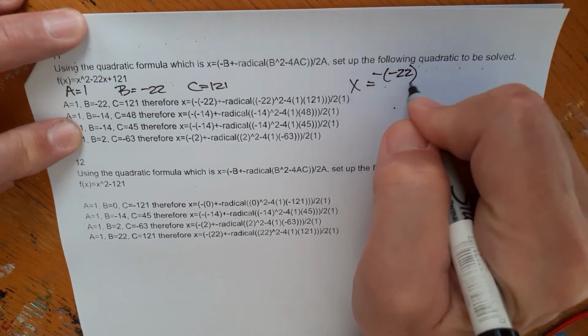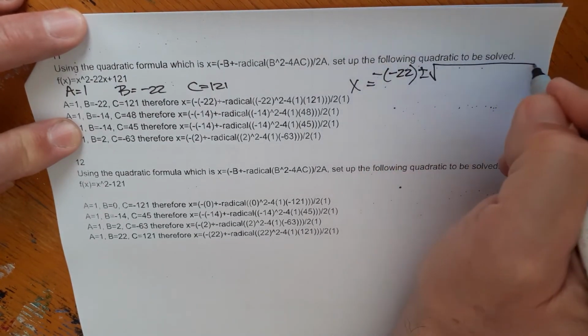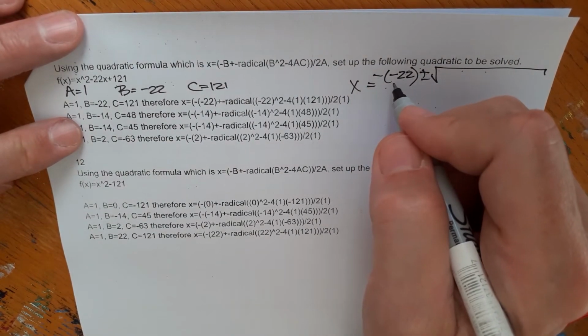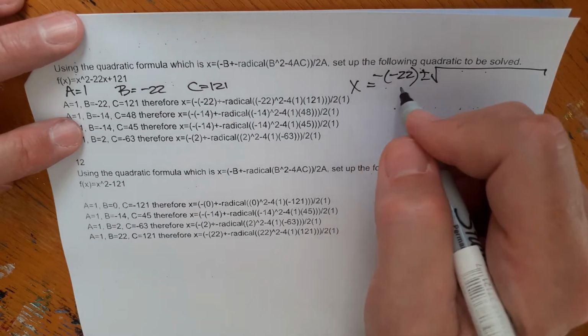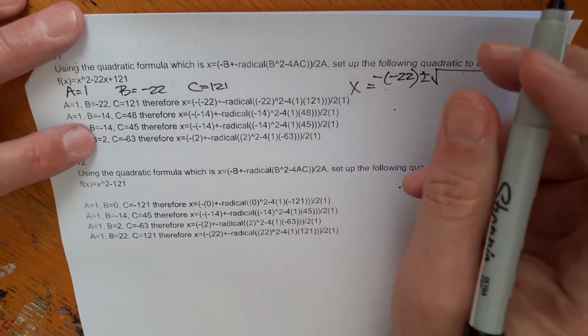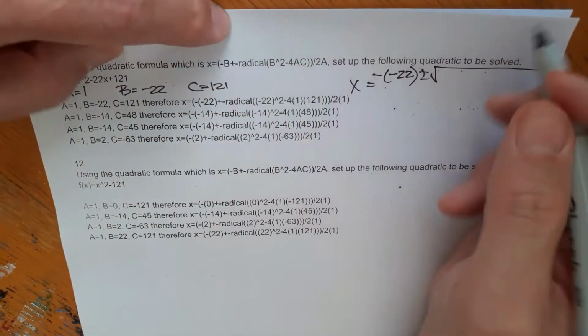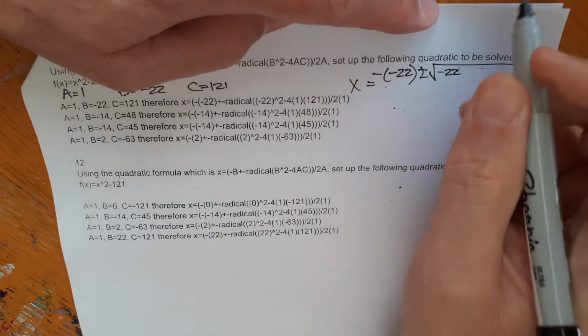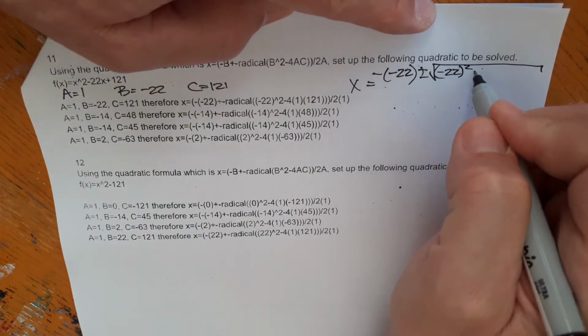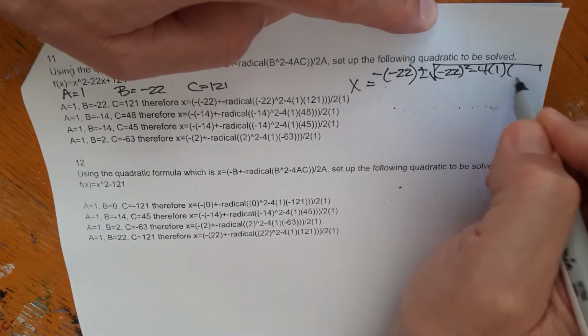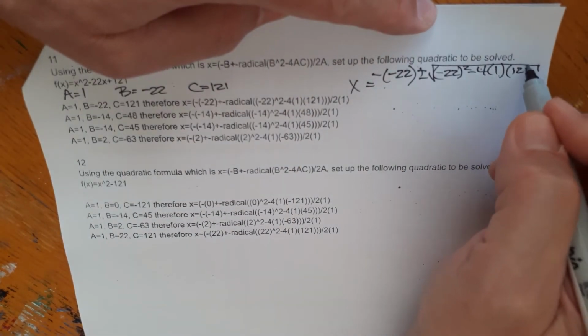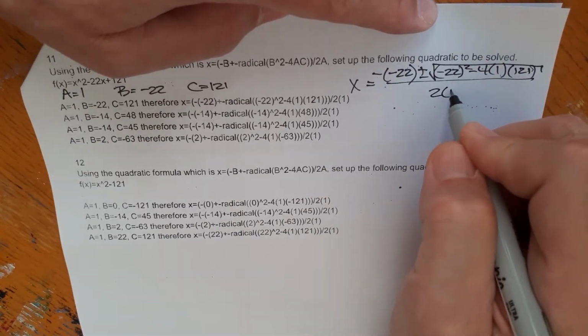Put them both in there first, and then we'll go back later and say, oh, that's going to be a positive 22. And I might just put it in my calculator exactly like that. B is negative 22, squared minus 4 times a, which is 1, times c, which is 121, all over 2 times 1, which is a.